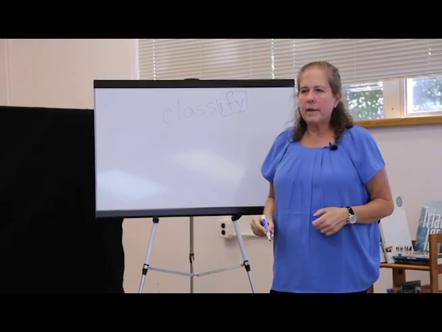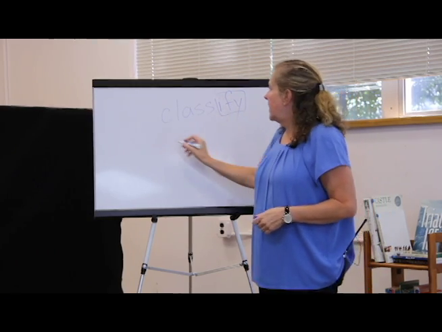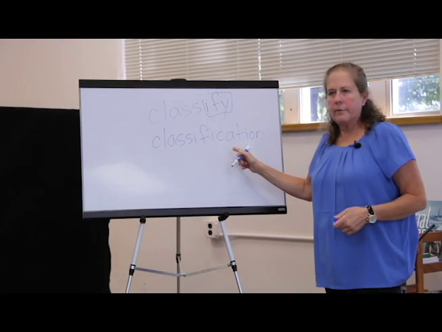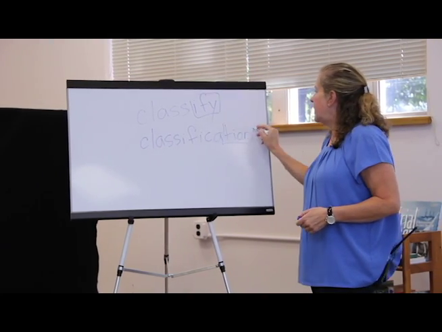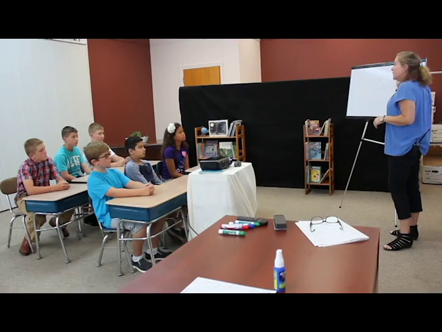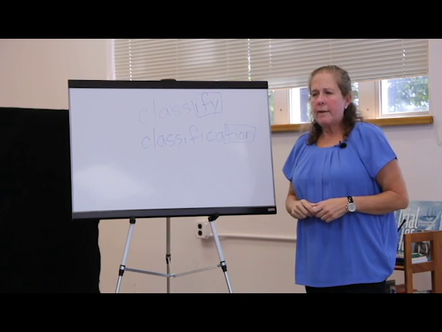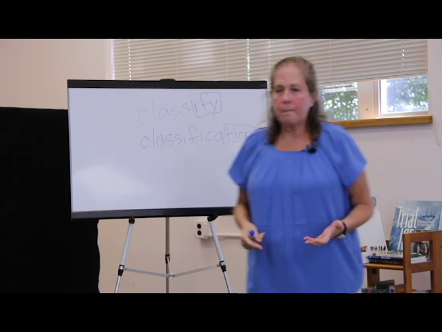We're going to classify them. I can also take that ending off and make this word classification. Now I've turned it into a noun by putting a different ending on it. So this shows you how you can change endings and change words, have them do different jobs.